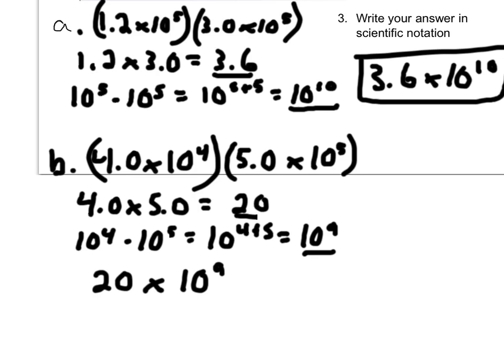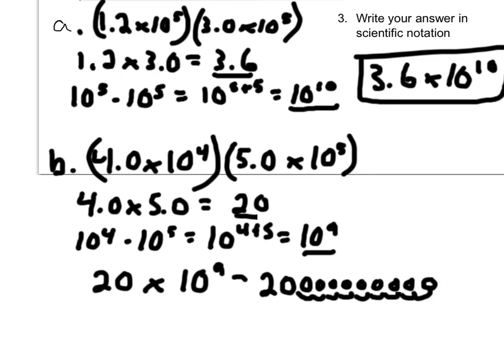So 20 times 10 to the 9th, that means 20, and I move the decimal over 9 spots, which would be 1, 2, 3, 4, 5, 6, 7, 8, 9. So that's 9 zeros. So this number in standard form is 20 times 10 to the 9th.